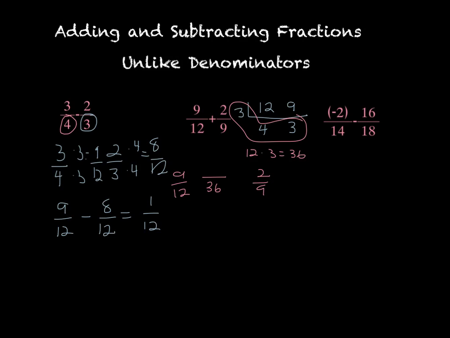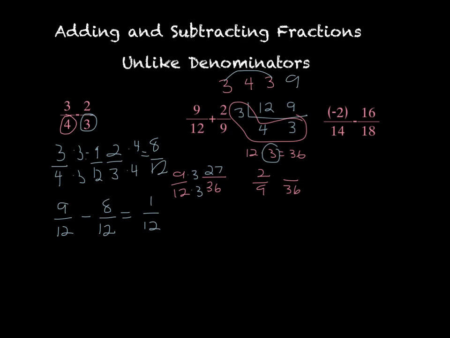We know it's going to be 36 for each of them. We just need to figure out how we have to multiply. 12 times 3 is 36. So again, whatever we do to our denominator, we do to our numerator. So 27. All right, here's the trick with this. If you look at our numbers here, we have a 3, a 4, and a 3. 3 times 3 is 9, right?